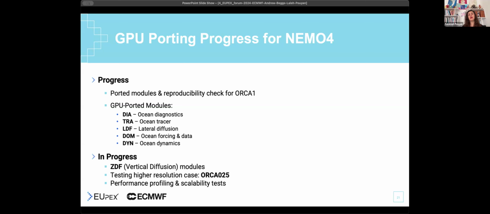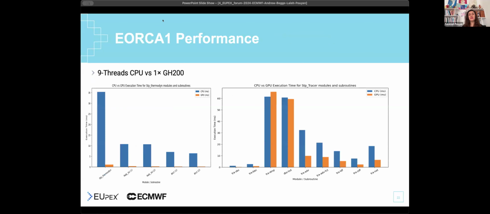The next two slides also provide the performance results comparing CPU with GPU for the Grace Hopper architecture. For the ported modules, you can see here modules from thermodynamics and tracer. As you can see here, most of the modules show better performance on GPU.